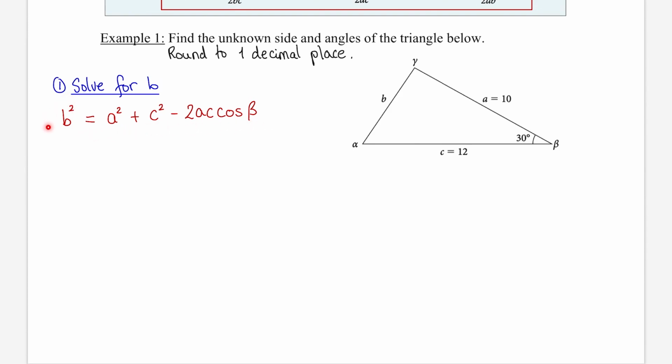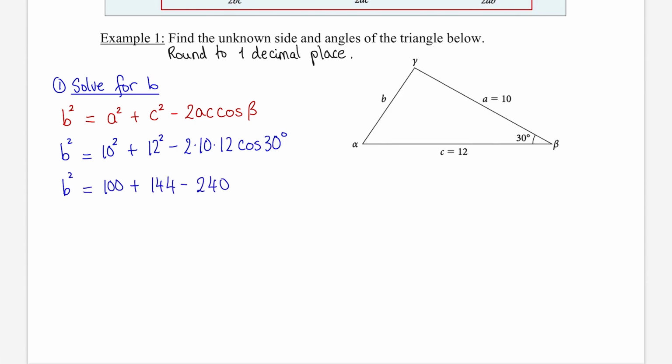This is the law of cosines that we are using to solve for B. I am substituting 10 in for A, 12 in for C, and 30 degrees in for beta. 10 squared is 100, 12 squared is 144. 2 times 10 times 12 is 240. And cosine of 30 degrees is root 3 over 2. 240 times root 3 over 2 is 120 times root 3. And 100 plus 144 is 244.